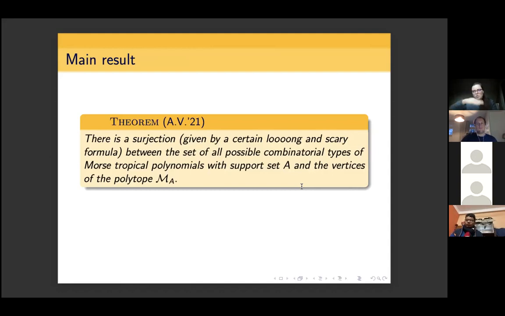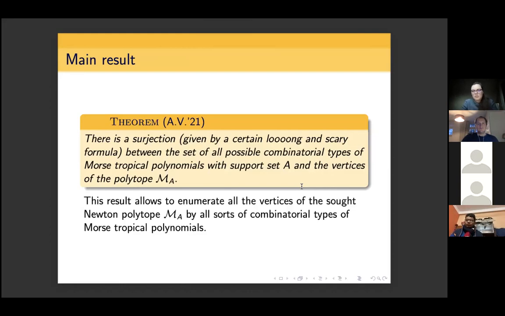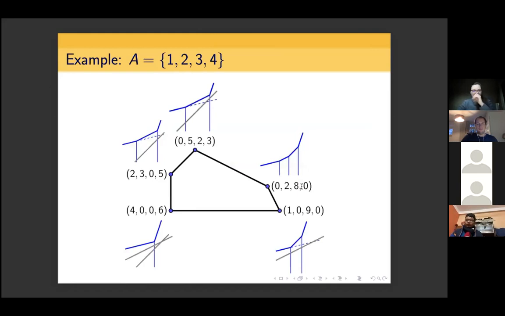But as long as you just want to enumerate all the vertices one by one, that doesn't matter. So you can just play with all possible types of Morse tropical polynomials with given support and find all the vertices. So coming back to the example, when A is 1, 2, 3, 4.